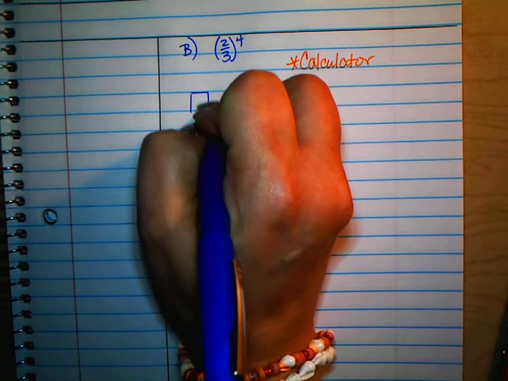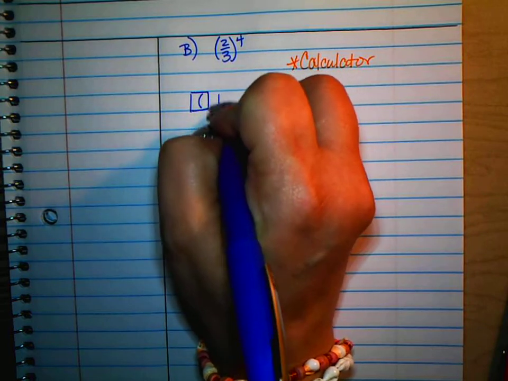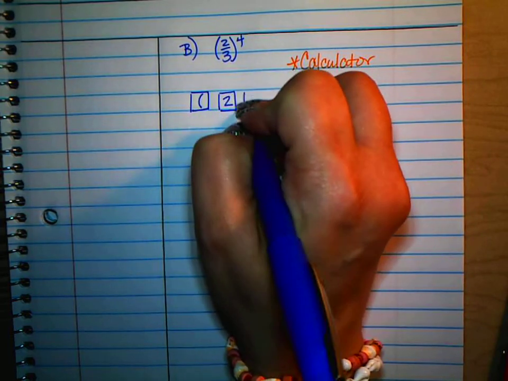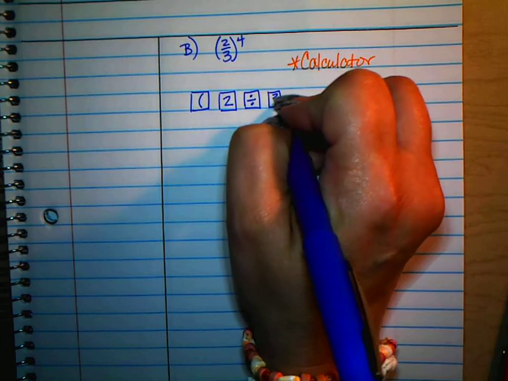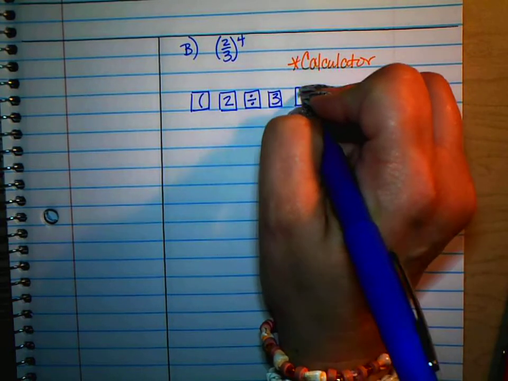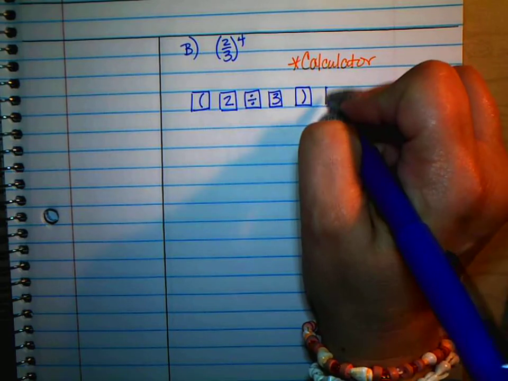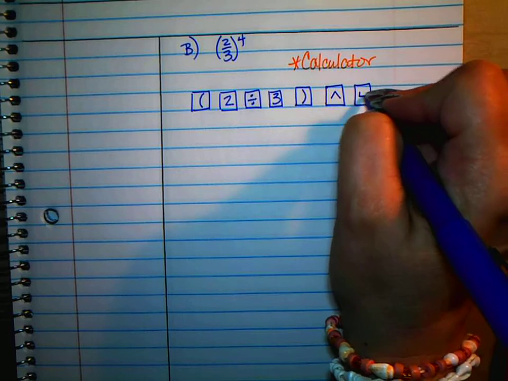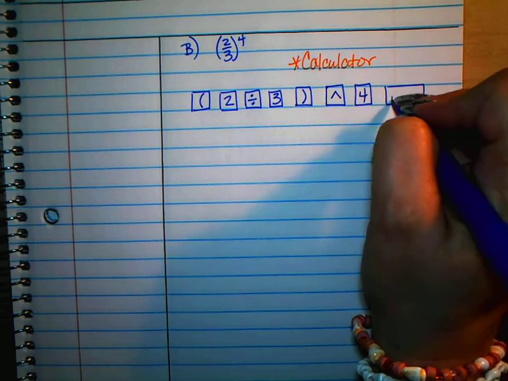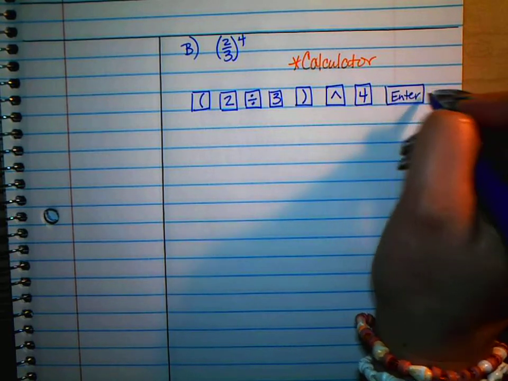And my keystrokes would be open parentheses 2 divided by 3 close parentheses, the housetop, 4, enter.